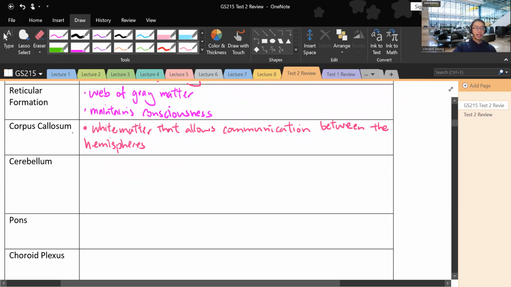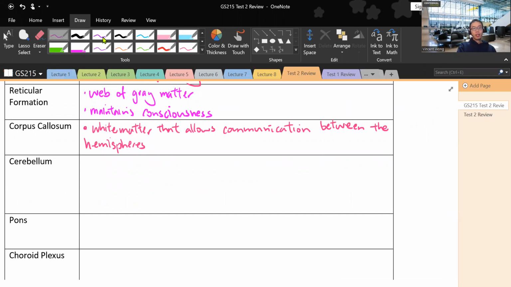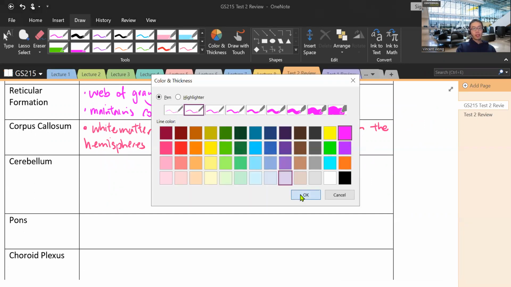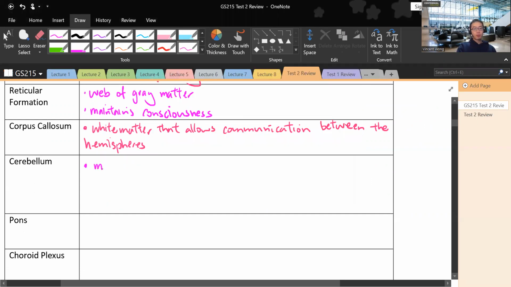Next, we have the cerebellum. You can see the cerebellum has a bigger slot because there are three functions that we talked about, right? So the cerebellum is responsible for maintaining posture and balance. It ensures smooth execution of motion.